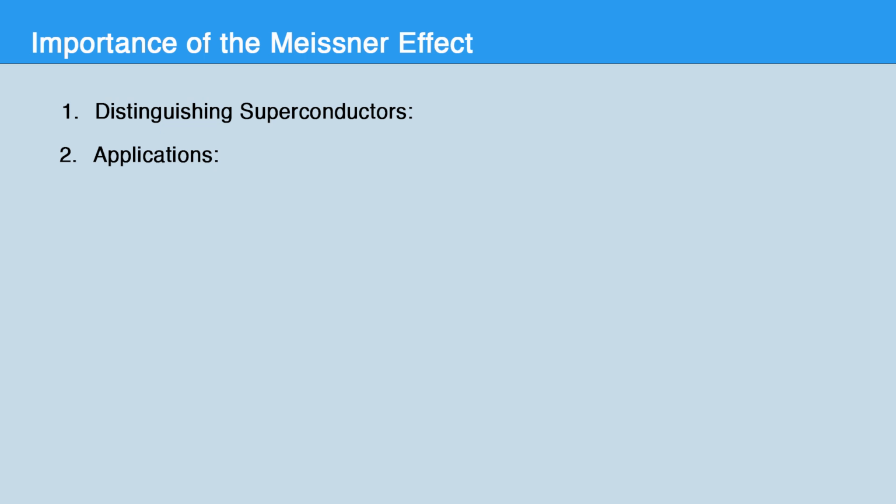The Meissner effect also has practical implications in technologies such as magnetic levitation and the construction of sensitive magnetic field detectors. The Meissner effect is the phenomenon where a superconductor expels the magnetic field.